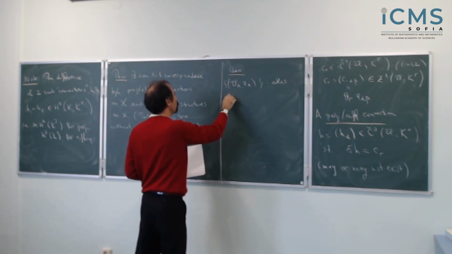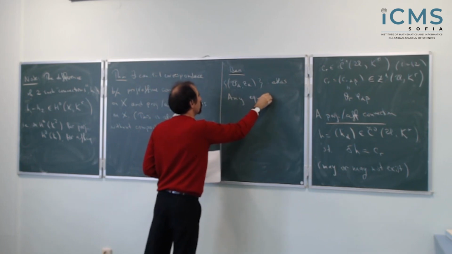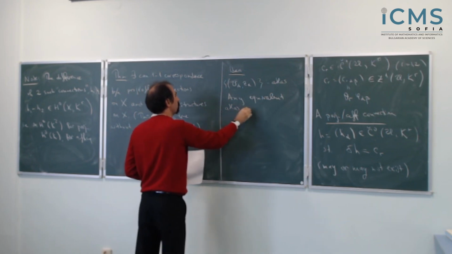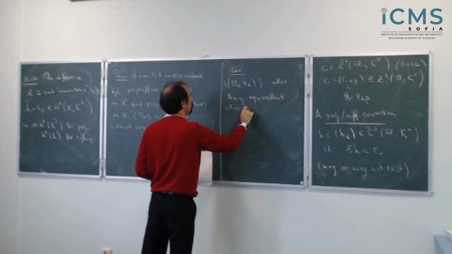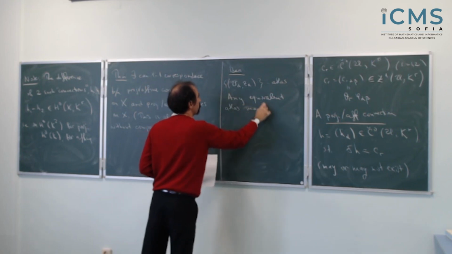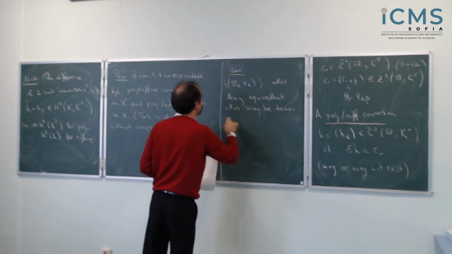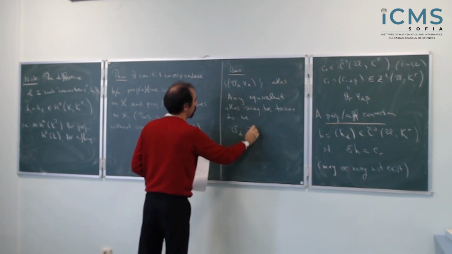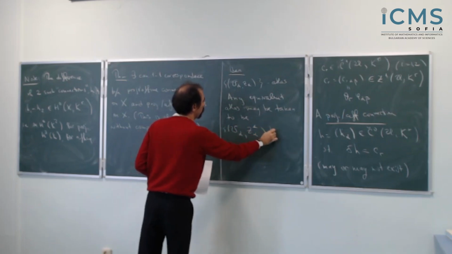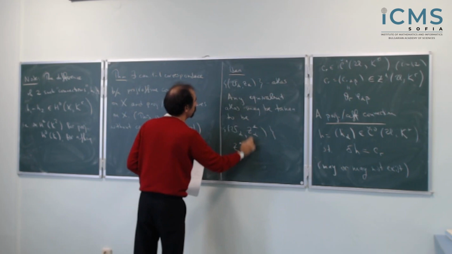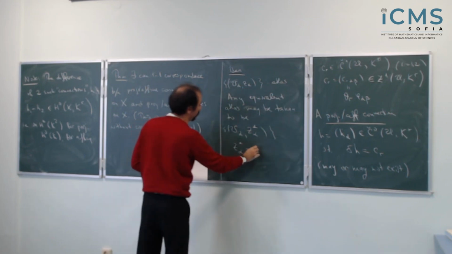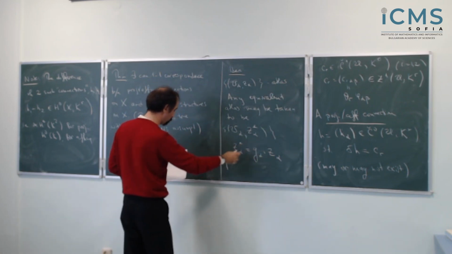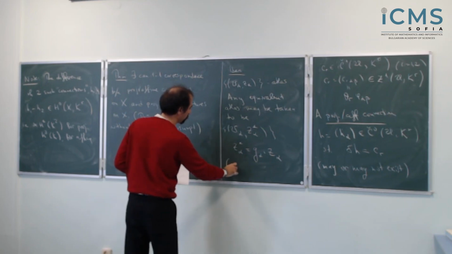So any equivalent atlas we assume to be taken to have the same opens and just some other coordinate functions. These are the original ones composed with something, some G alpha after Z alpha, and the G alphas are local analytic homeomorphisms.